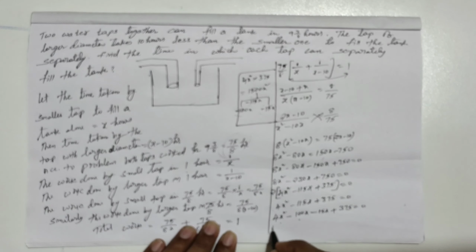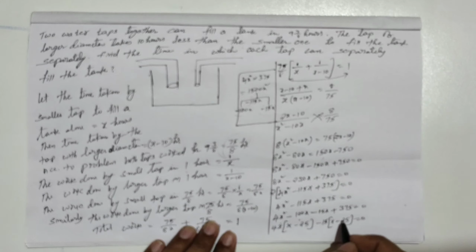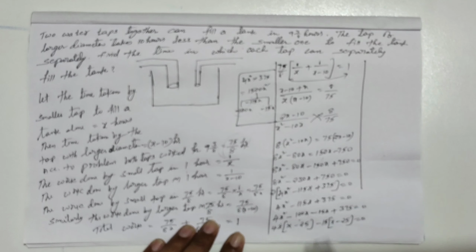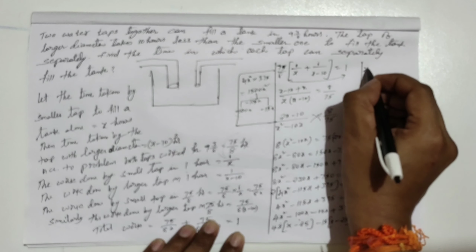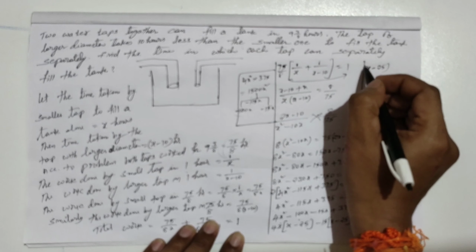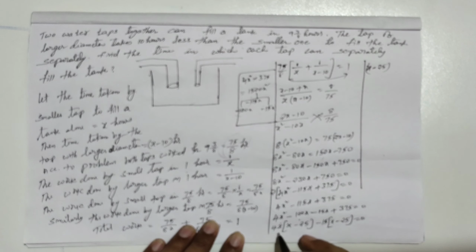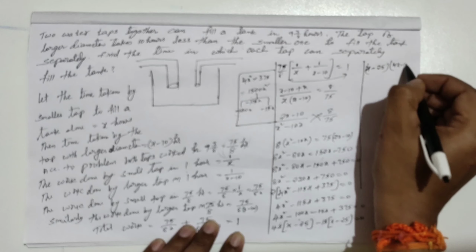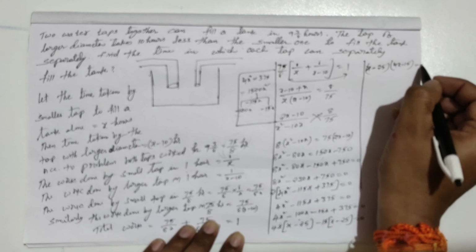Now from these two we can take common 4x, that is x minus 25. Again from these two, minus 15, that is x minus 25 equal to 0. Now on the whole, x minus 25 is common, then x minus 25 into 4x minus 15 equal to 0.